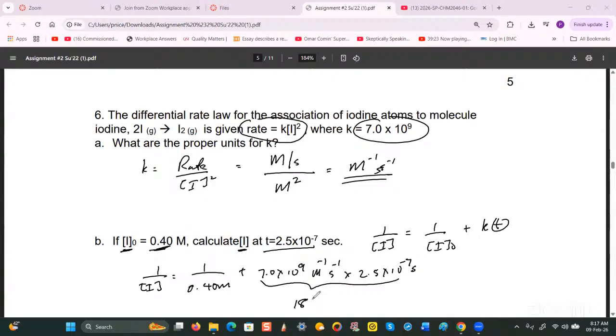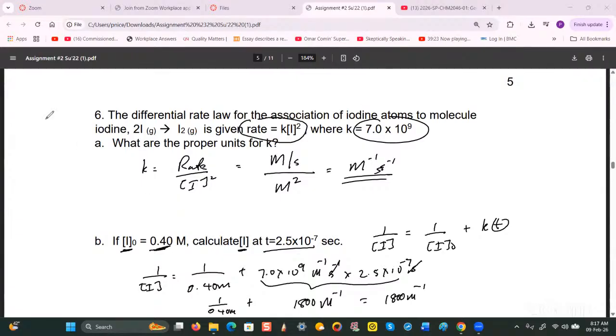1800 M to the minus 1, because this will cancel out with that, plus 1 over 0.40 M. And then when I work this out, this basically works out to be 1800 M to the minus 1. And the reason why is because 1 over 0.40, 1 divided by 0.40 gives you 2.5.